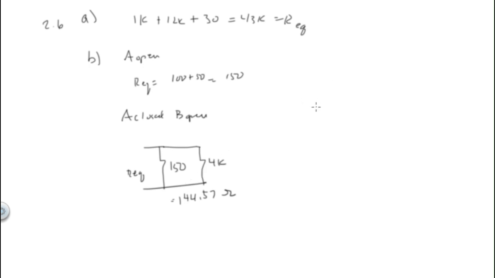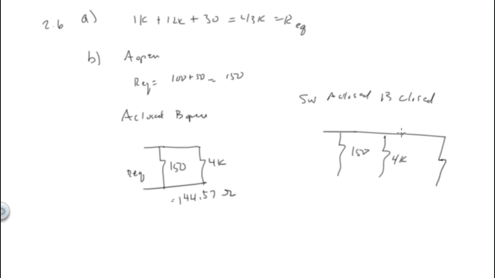And then we do it again for switch A closed and B closed. So now we have the 150, and we also have the 4K, and we also have another one that is what? 600K, right? 150K plus 450K is 600K.